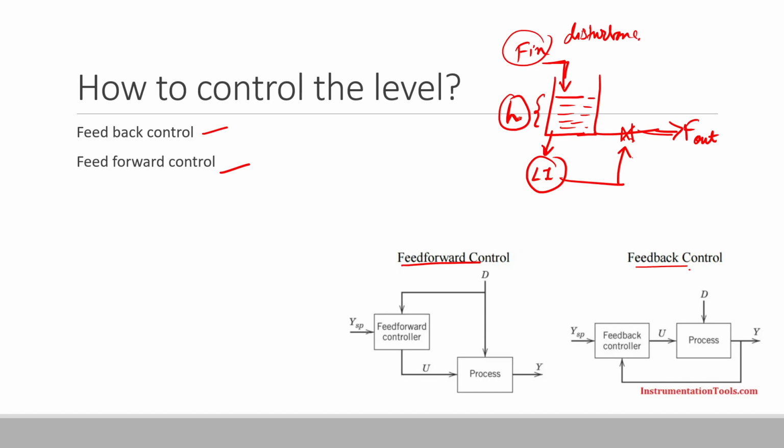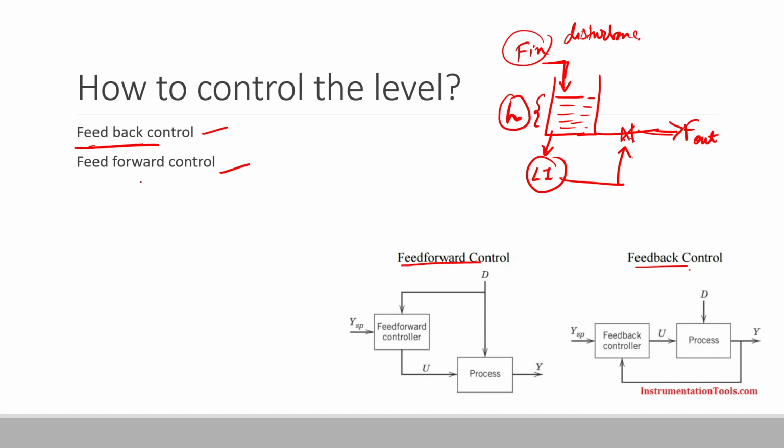There will be a deviation between the steady state level of the tank and the current level of the tank due to this disturbance. That deviation will be captured in the controller, and on the basis of that deviation we can change the opening percentage of the valve. Since we are taking the feedback from the system after the disturbance has occurred, we call this type of control strategy feedback control.